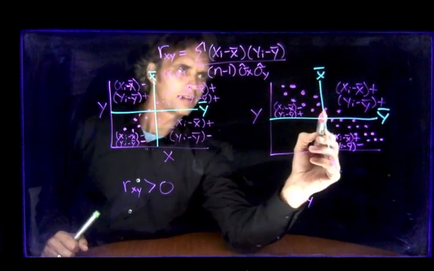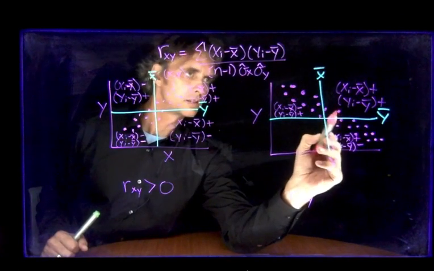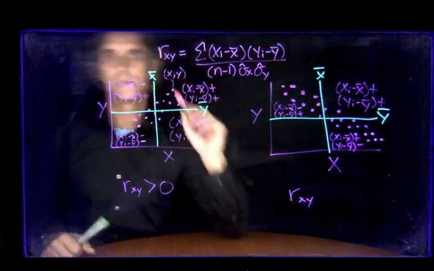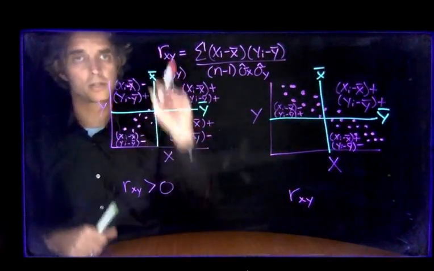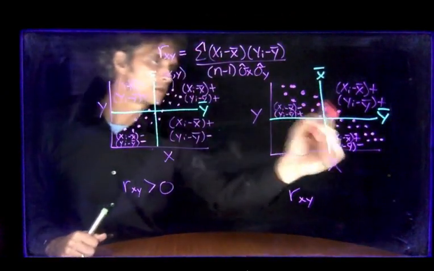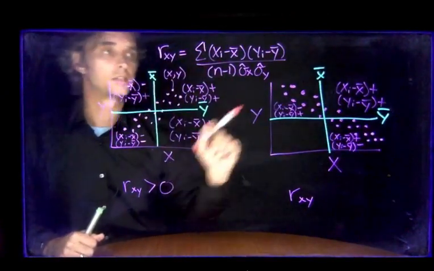But look at how small those are, right? That xi minus x bar will be relatively really small, relative to some of these big points. So it's going to be about 23 negative numbers, some of them really big negative, plus 1, 2 positive numbers, whose magnitudes would be relatively small.